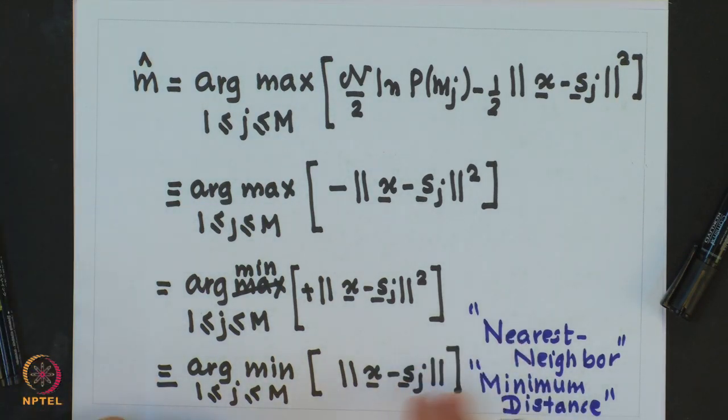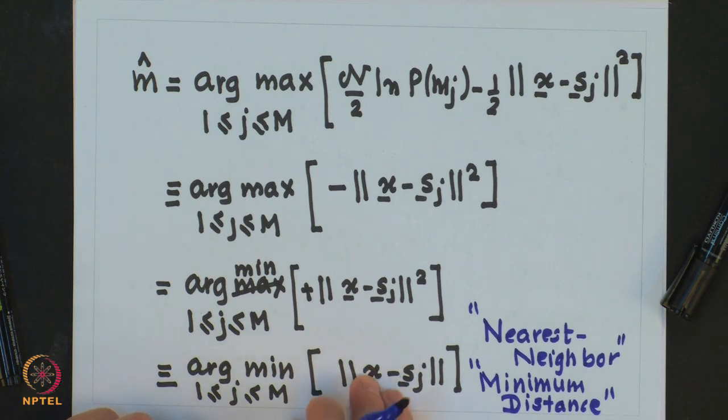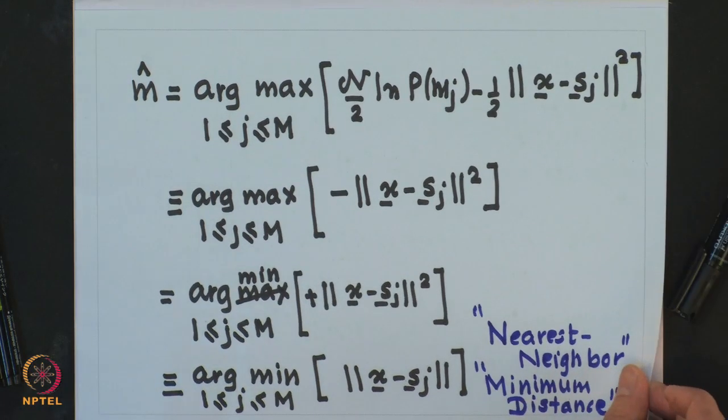Note that when the signals are equiprobable, the MAP and the ML detector coincide and both are equivalent to the minimum distance detector or the nearest neighbor detector.